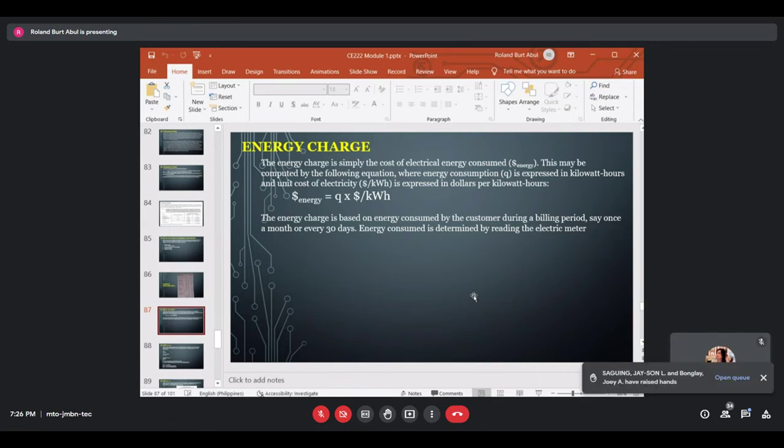So all formulas for 3-phase have the 1.73, or square root of 3, in the formula. Did you get that? Yes, sir.